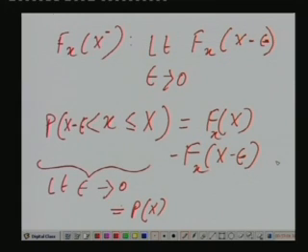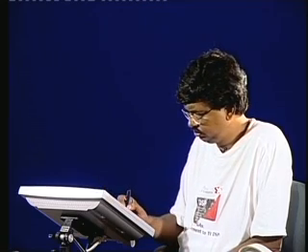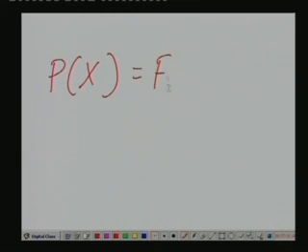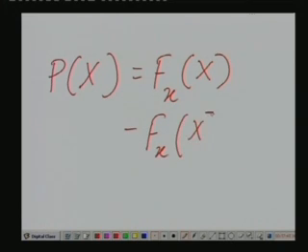That means P of capital X, that is x taking exactly the value capital X, is nothing but probability distribution function up to x minus the left limit of the probability distribution function for the point capital X. That means P x, okay. All right. Okay.